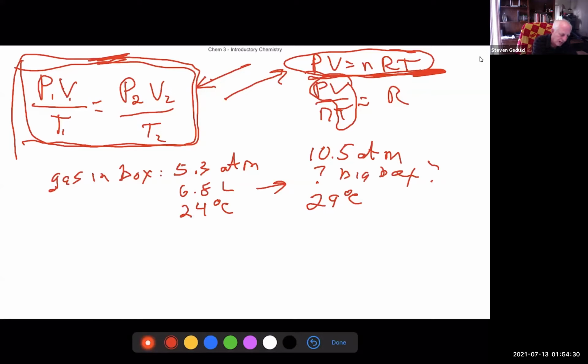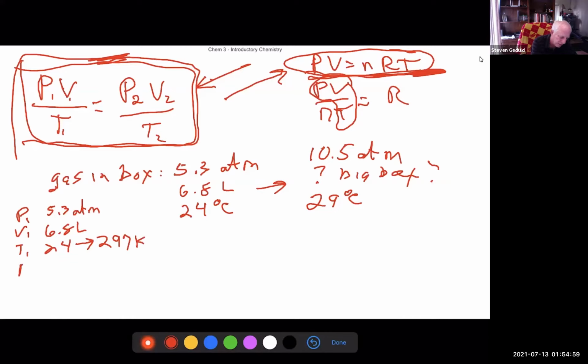So we go back, we want P1, V1, T1. The initial pressure is 5.3 atmospheres. Again, just make your little table, it's so much easier. The initial volume of the box was 6.8 liters. And the initial temperature was 24, and we're going to add 273 to that to turn into Kelvin. So 297 Kelvin. That's your initial starting points.